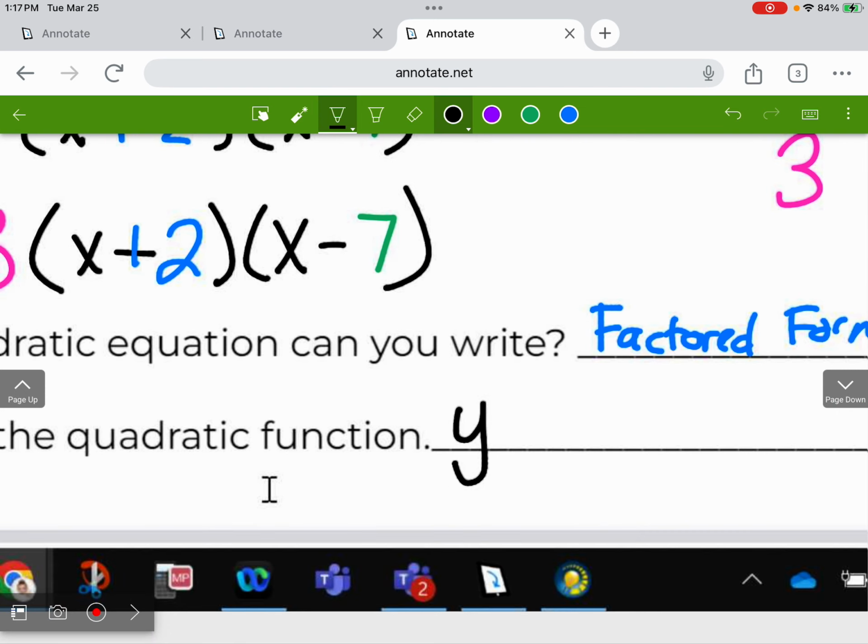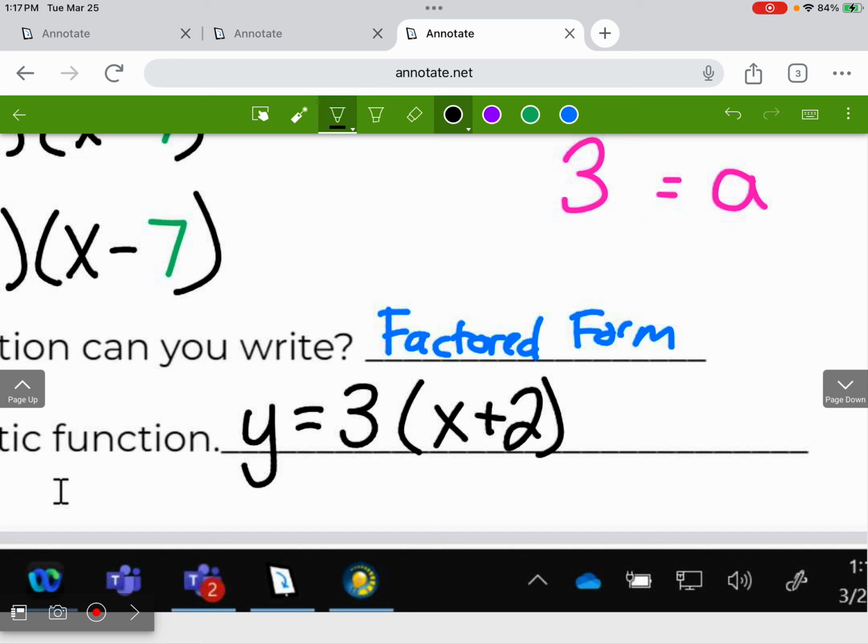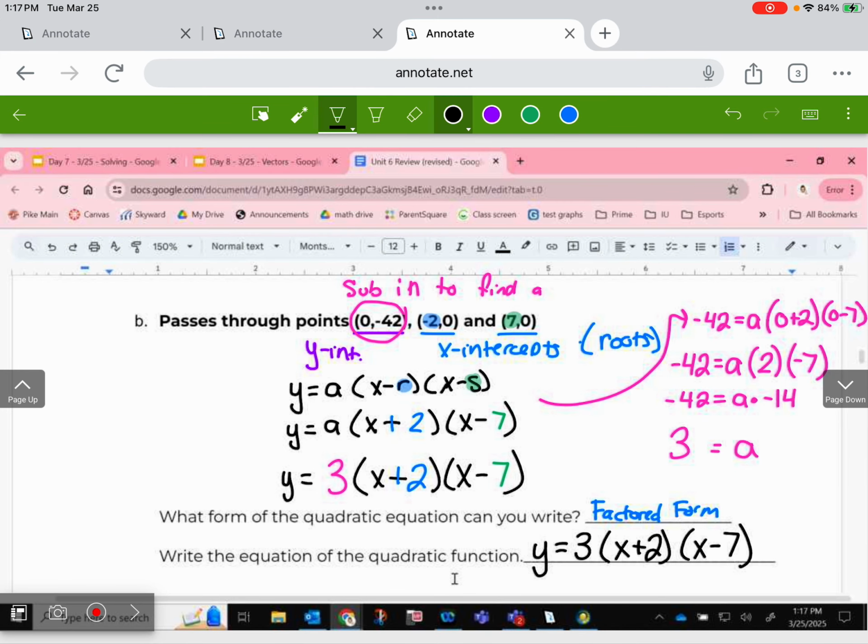So when we're asked to find these equations, we need to have everything figured out except for the x and the y. Those should both be there. But we need to have a, we need to have h, we need to have k, we need to have our roots, we need to have whatever other pieces we need for the form. Only letters allowed left are x and y. But we can use those pieces to find our other pieces.